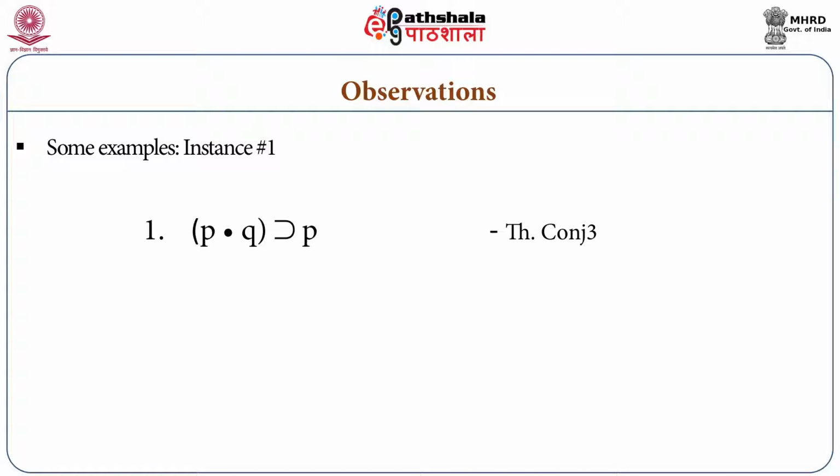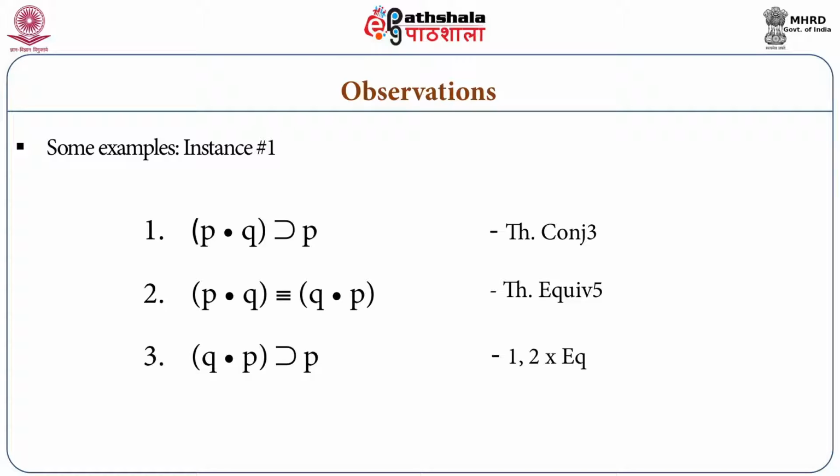And then we can have theorem equivalence 5, which is P and Q equivalent to Q and P. They were shown to be equivalent before. So given steps 1 and 2, we can arrive at the third step, which is Q and P implies P. Note that in the first step it is P and Q implies P, and in the third step the difference is Q and P implies P. We are able to derive this because we have shown that P and Q is equivalent to Q and P.